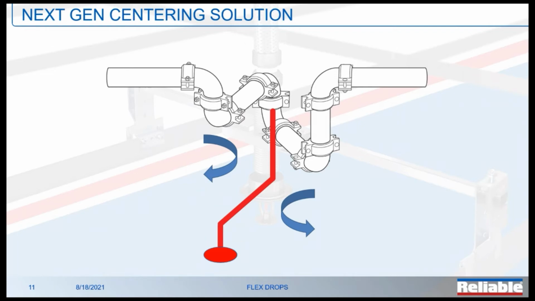I don't think it's around today. Would love to have somebody back in my era remind me of who that was. But again, costly in terms of leak potential, additional labor, and just purchase price. So that was the next generation solution to centering of tile and hitting odd shapes and things like that hanging below a ceiling.